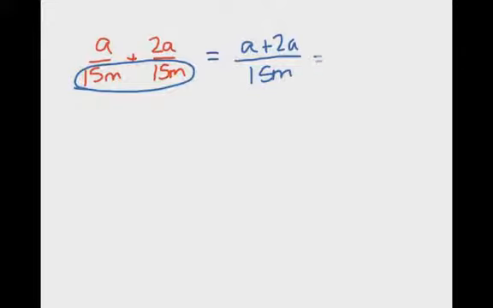A plus 2a equals 3a over 15m. Now we're going to simplify. We see that we have 3 over 15, which both 3 and 15 have 3 in common. So we're going to be left with 1a on top and 5m on the bottom.